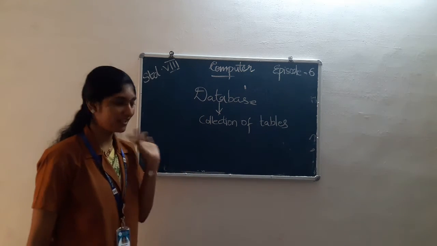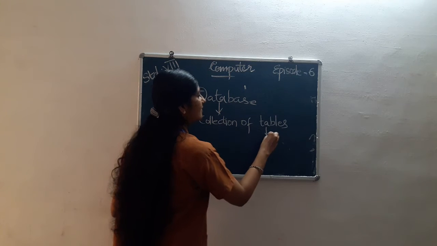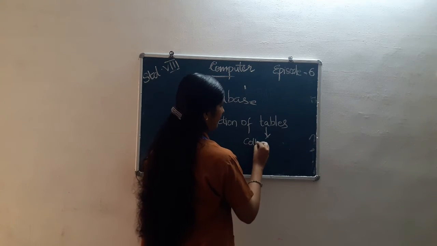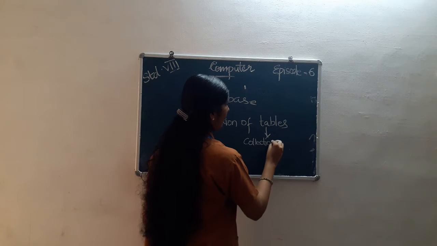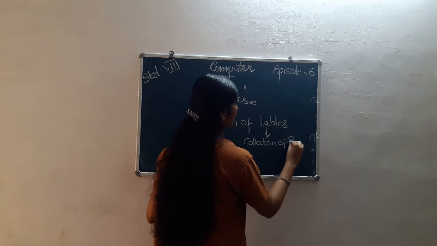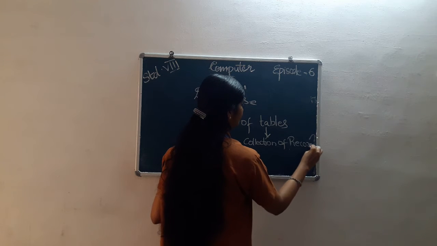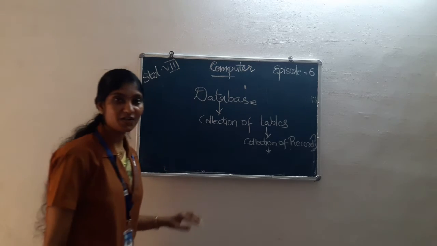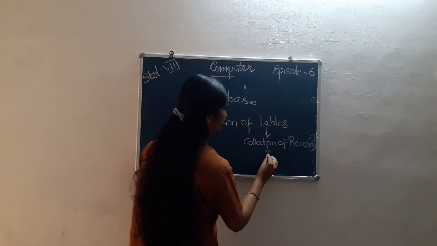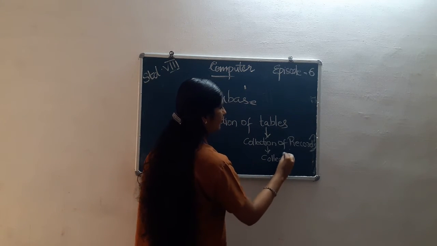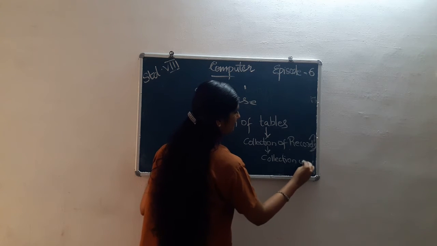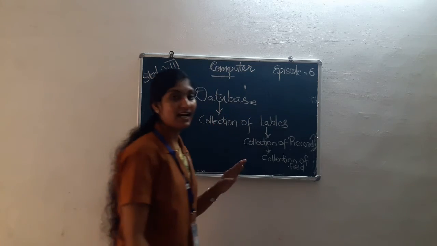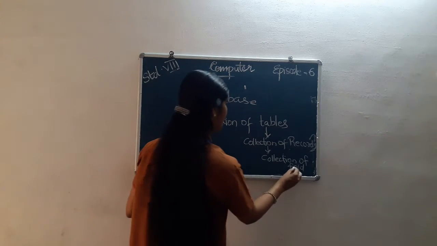Database means collection of tables, and tables means collection of records. And a record means a collection of fields. And a field means a collection of entries.